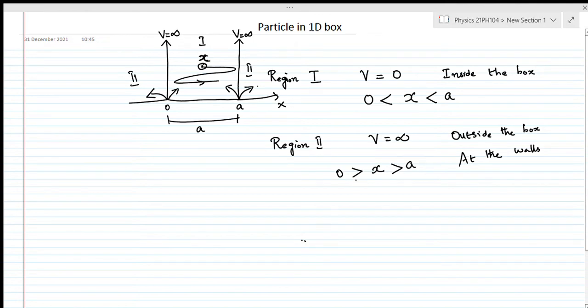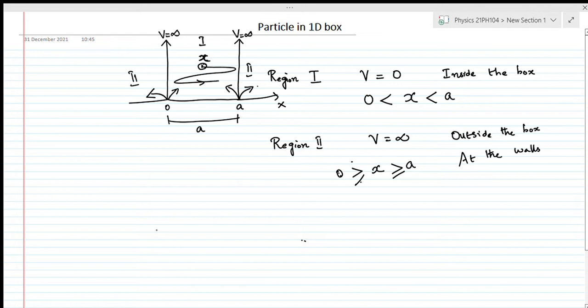Even at the walls, x is equal to 0, x is equal to A. Therefore, we can write this as x less than or equal to 0, greater than or equal to A, where the potential energy is infinity.